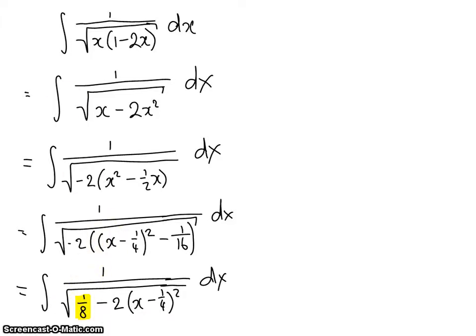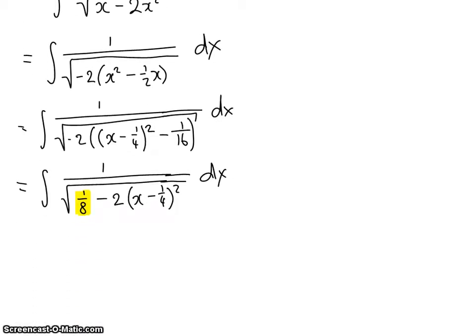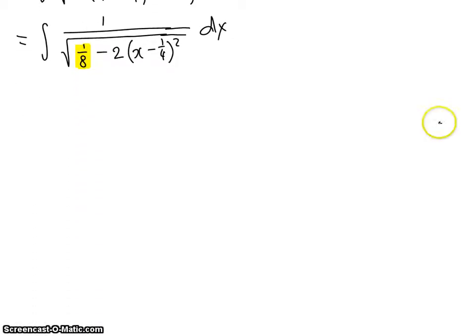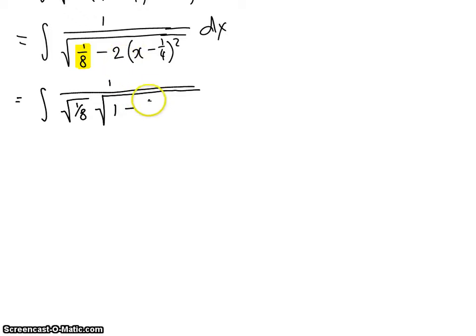So, I'm going to get rid of it the same way I got rid of the negative 2 for my working. I am just going to factorize it out the front. So, this is equal to 1 over the square root of 1 over 8 times, now I've pulled out a factor of 1 over 8, so I get 1 minus 16 x take a quarter squared dx.